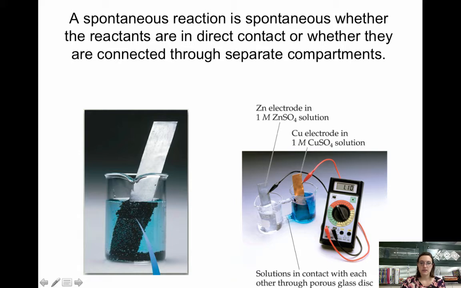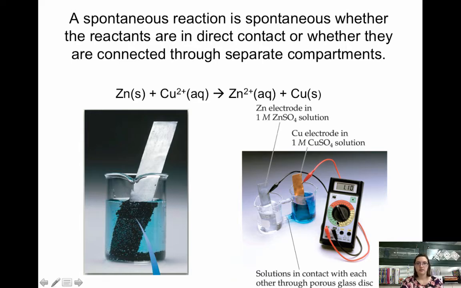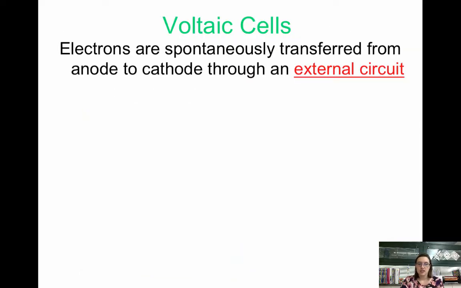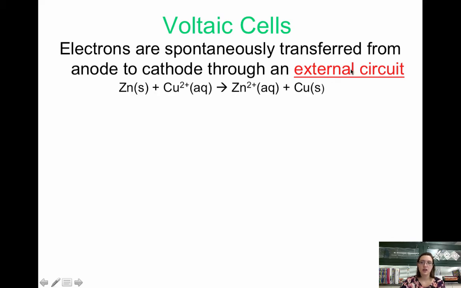Here we have two different beakers, but it's still spontaneous because we're still producing electricity. So voltaic cells are what we're going to focus on in this video. A voltaic cell is spontaneous. That's the first thing that you need to know. And the electrons are transferred spontaneously from the anode to the cathode. We're going to talk about what these are, but it's through an external circuit, like a wire.